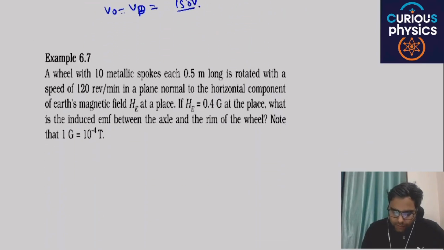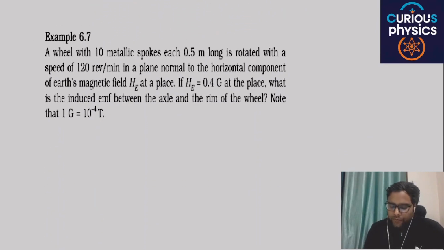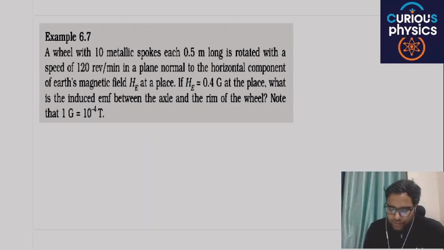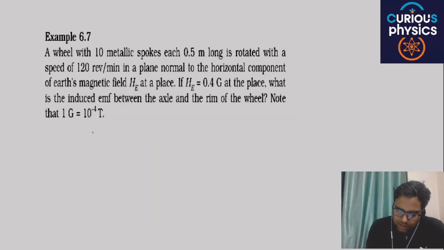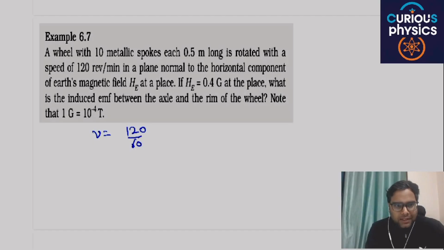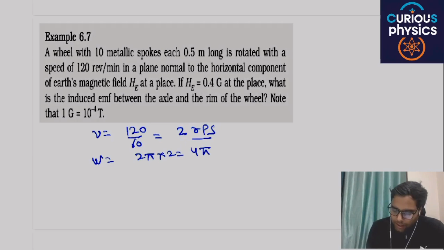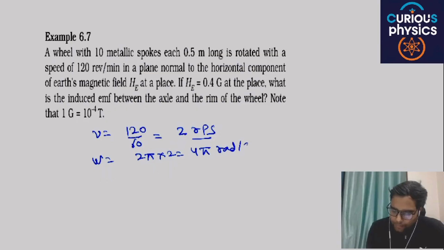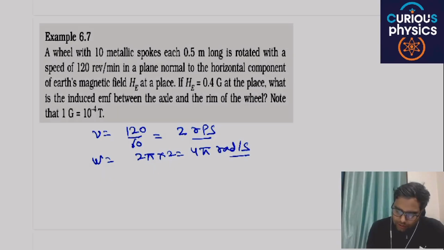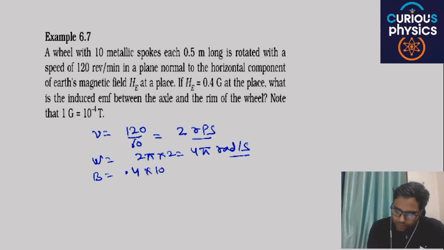Next: a wheel with 10 metallic spokes, each 0.5 meter long, is rotated with the given speed. Here the frequency is 120 by 60, because I have converted minutes into seconds, so 2 rps, revolutions per second. Then omega is 2 pi times f, that is 4 pi radian per second, and Earth's magnetic field is 0.4 into 10 raised to power minus 4 Tesla.